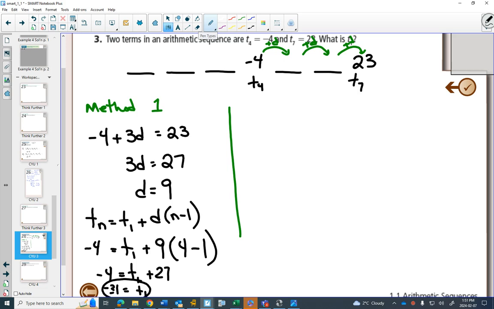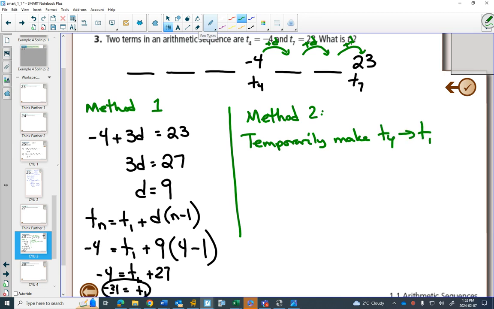Method 2. Okay? Method 2 uses your formula more, and in method 2, we temporarily make term 4 term 1.